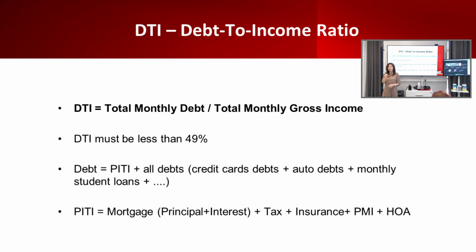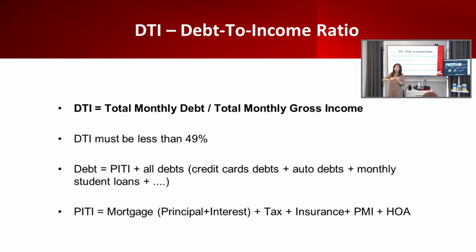The last item in the PITI there is PMI. It's not the last one, there's also HOA. PMI is private mortgage insurance. If somebody has less than 20% down payment or somebody borrows an FHA loan, they have to pay mortgage insurance. And the last one is HOA.